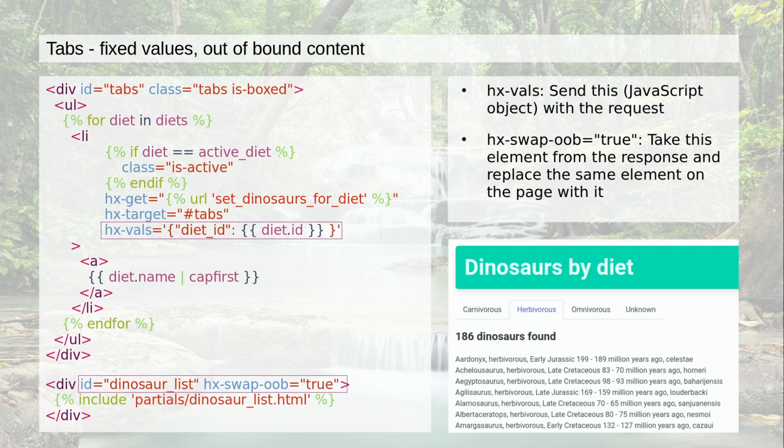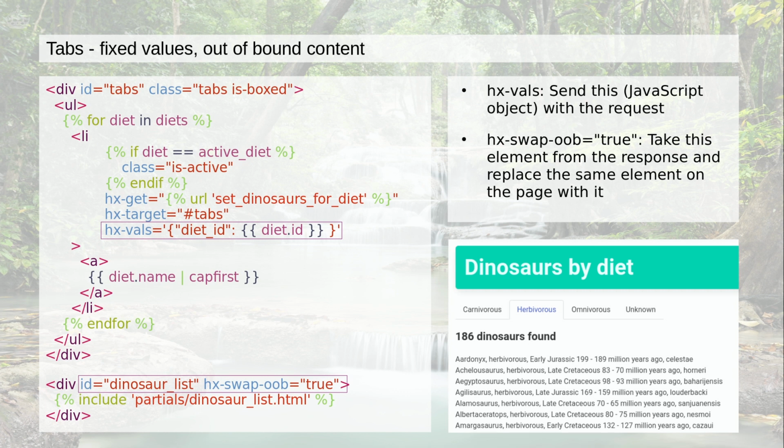So it's variable, but it's variable on the back end. It's not variable on the front end. This looks a bit strange. If you look at the AJAX vals, it looks like we're building up a Python dictionary or something, but actually it's a JavaScript object, like a JSON string. So it's very similar to Python. It looks like a dictionary. Okay. So that's how you send along fixed values.